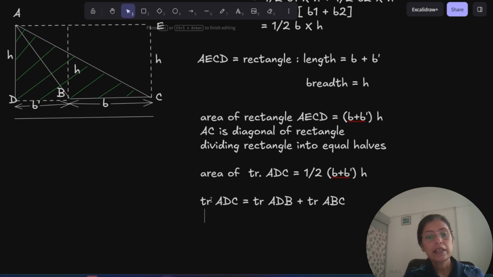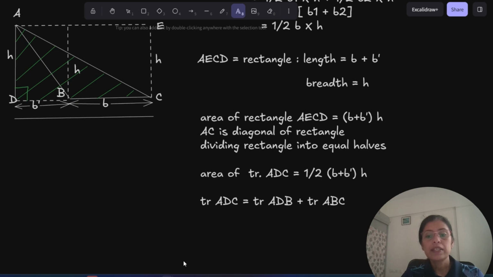Now triangle ADC, yes, the bigger one. Now we have found that this is equal to half of B plus B dash H. Now our triangle ADB, if you see, this is also a right angle triangle, right? Because we had drawn a perpendicular from A to the base extension of base BC.